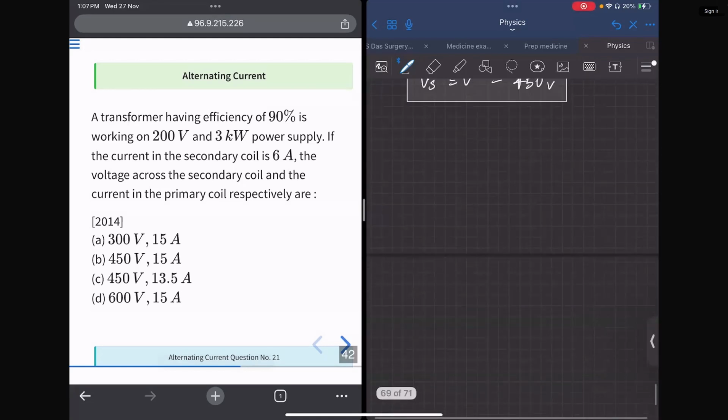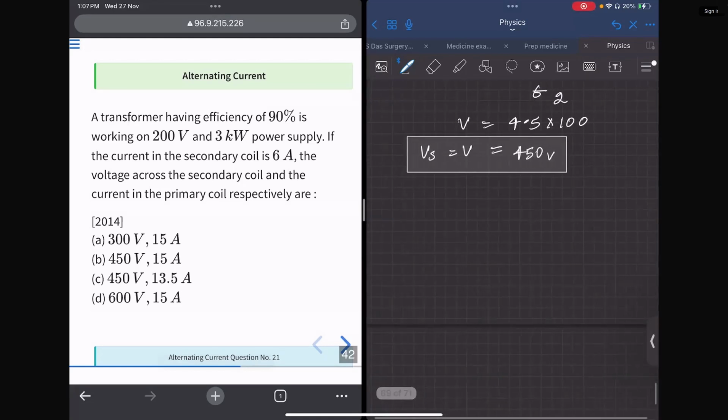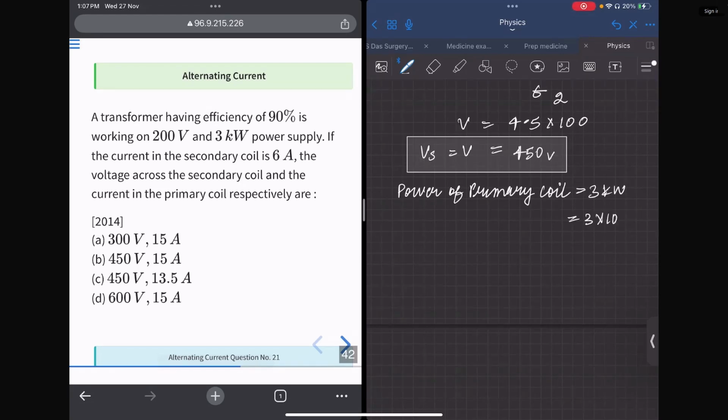So, how do we calculate the current in primary coil? We have been given a power of primary coil as 3 kilowatts, which is 3 into 10 power 3 watts.